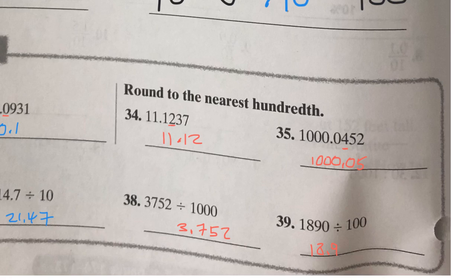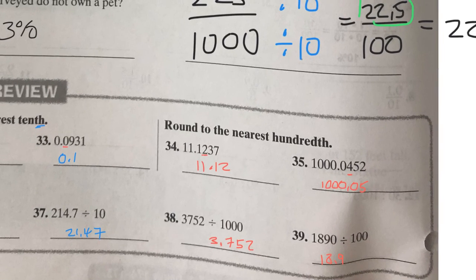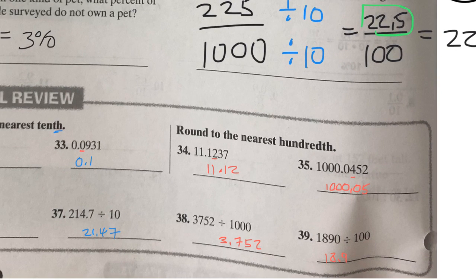Now, my student at home, hopefully you realize that when I divided this number by 100, I moved the decimal twice to the left. When I divided this number by 1,000, I moved the decimal 3 times to the left. And when I've divided numbers in this video by 10, like this one right here, I moved the decimal place once to the left.